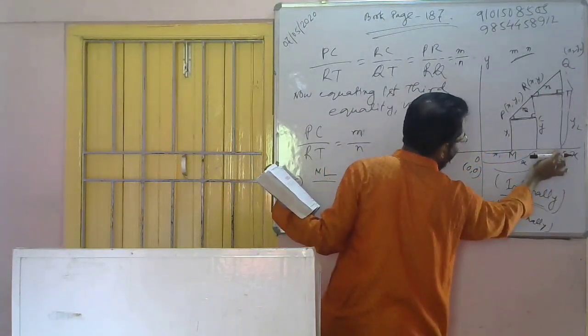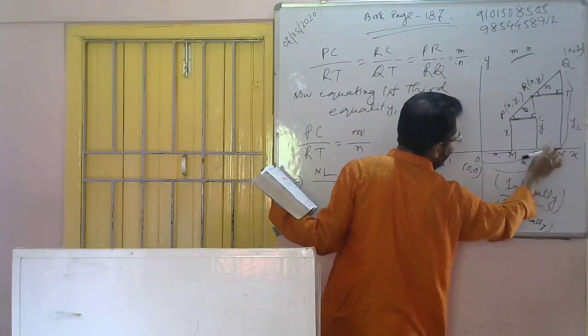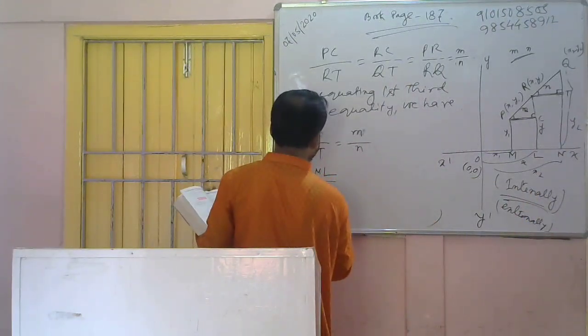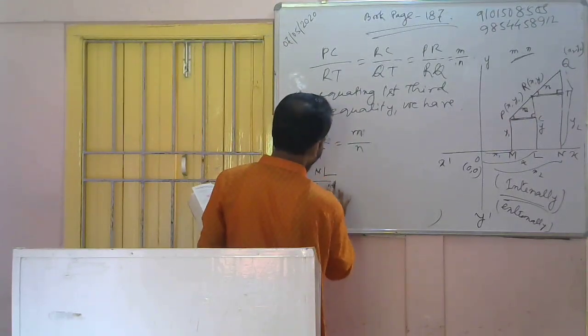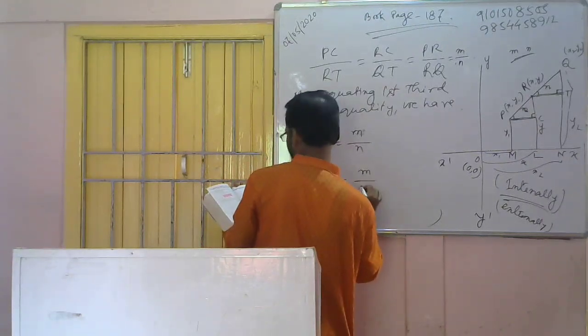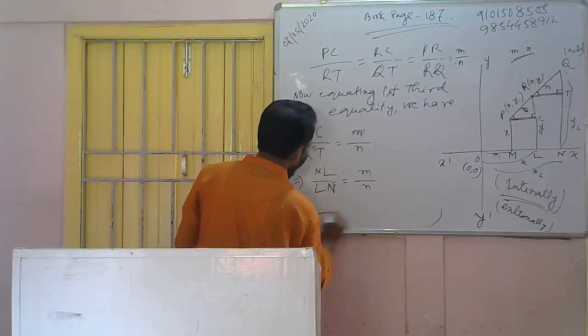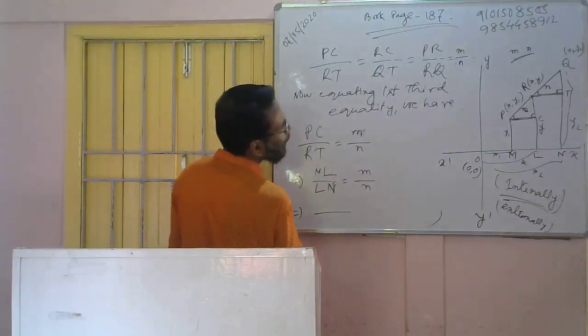So in place of RT compared to x-axis, we are writing here LN will be M by N. So as earlier, what is ML?